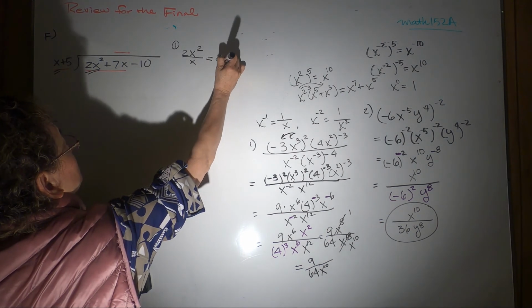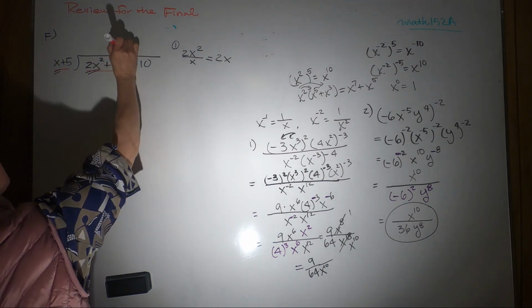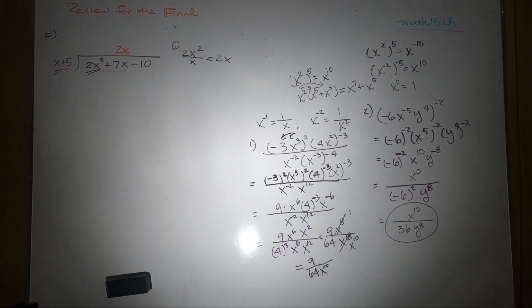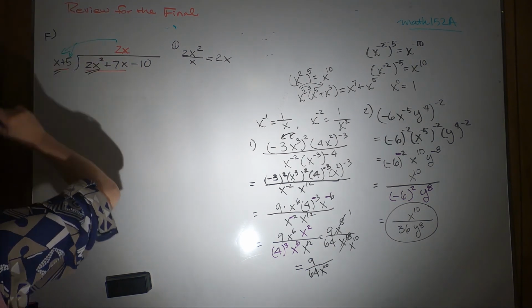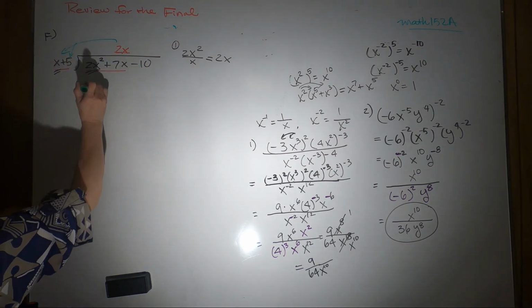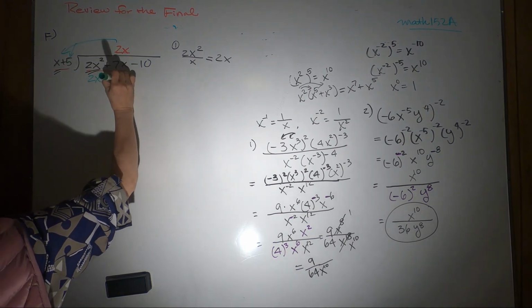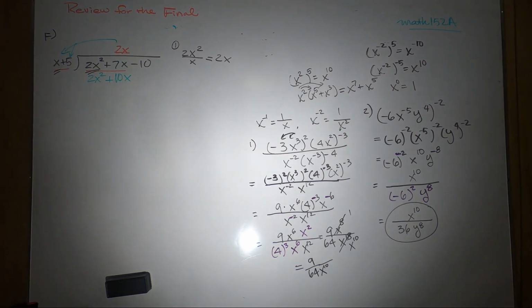That would be what? 2x, right? So we write our 2x here. Then the next step would be multiplying back. You need to multiply both. 2x times x is 2x squared. 2x times 5 becomes 10x, right?